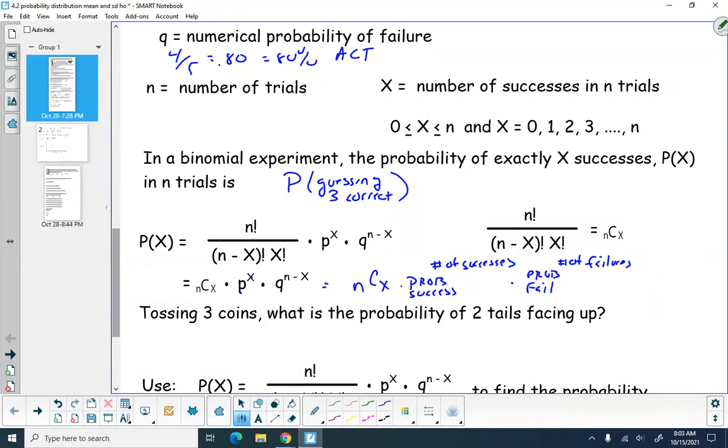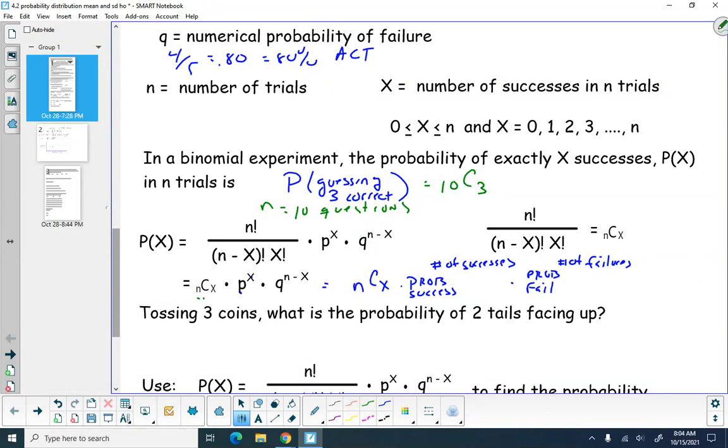We had 10. So this is our n value. So we have 10C3 because we want exactly 3. We want to guess exactly 3 correct. So we have 10C3.